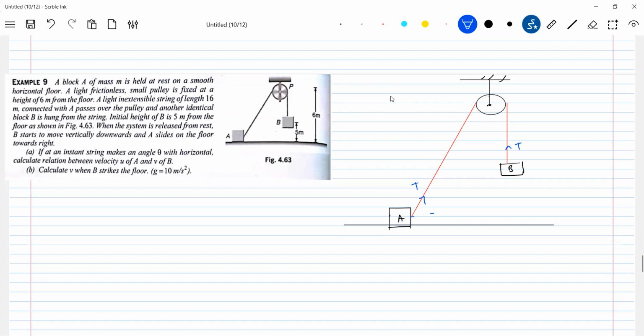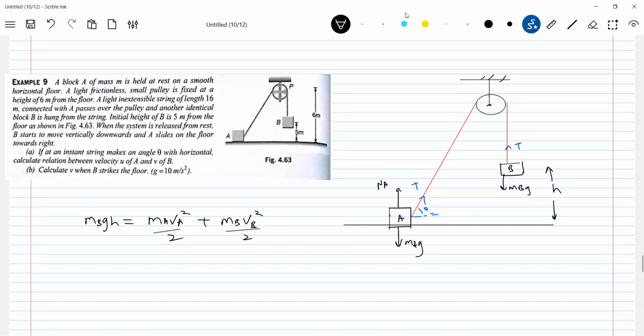This is theta. What other forces are acting? N_A, m_A g and m_B g. So what is our condition? Net work done. The speed of the blocks A and B when block B descends: m_B g h, the decrease in potential energy, should be equal to the increase in kinetic energy of the blocks. I'm writing the equation.